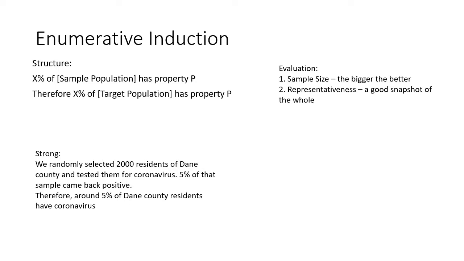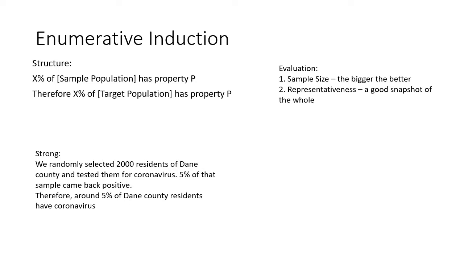So in this case, we have 2,000 randomly selected Dane County residents, and we test them for coronavirus, and we find that 5% of that sample comes back positive.